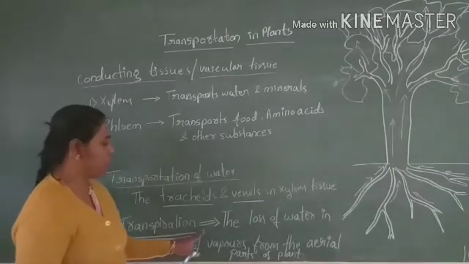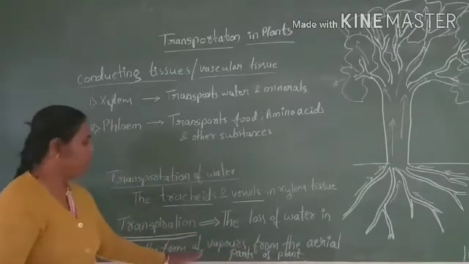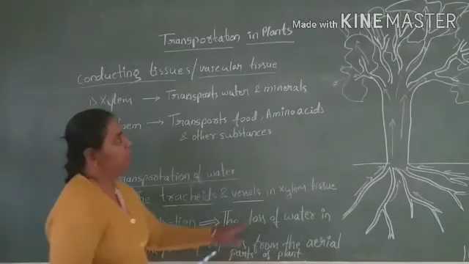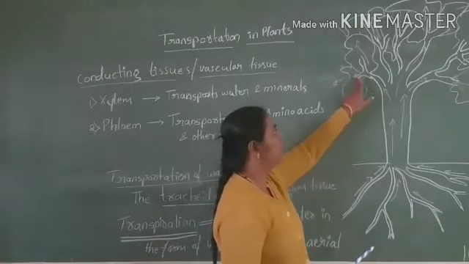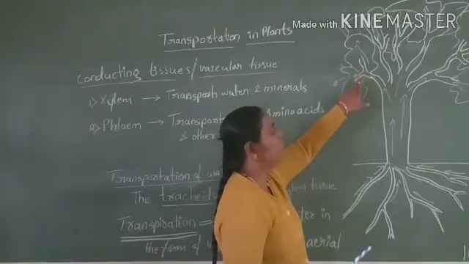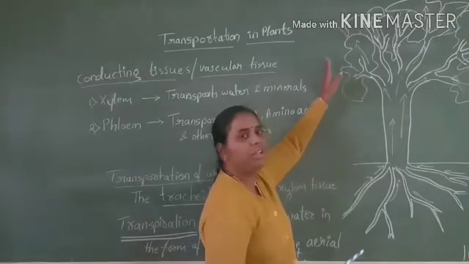Transpiration is the process by which the plant loses water in the form of vapors. As you know, the leaves of the plant have stomata through which they are continuously evaporating water.